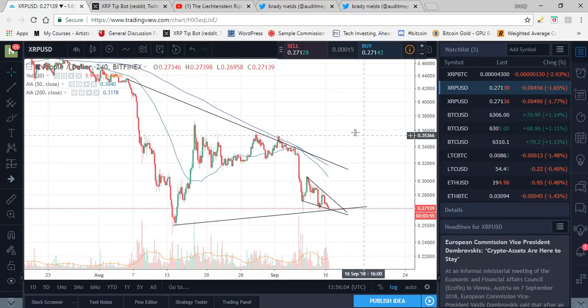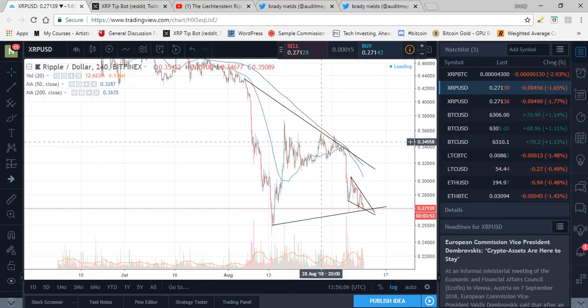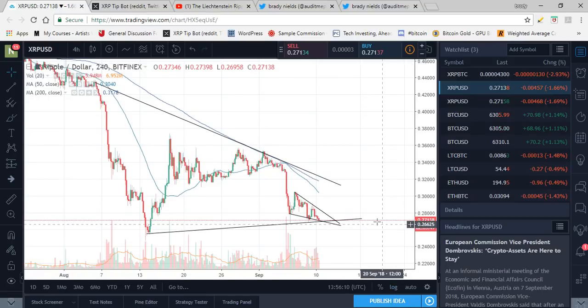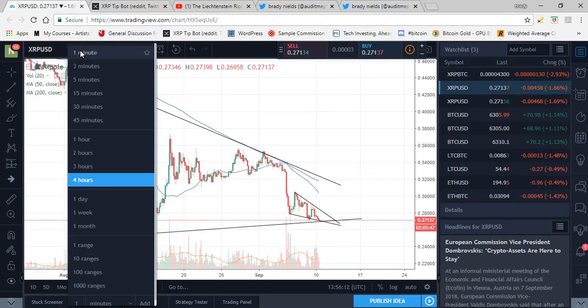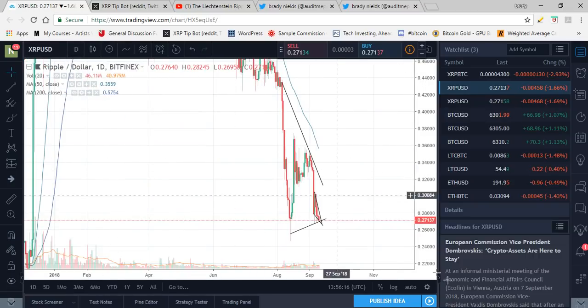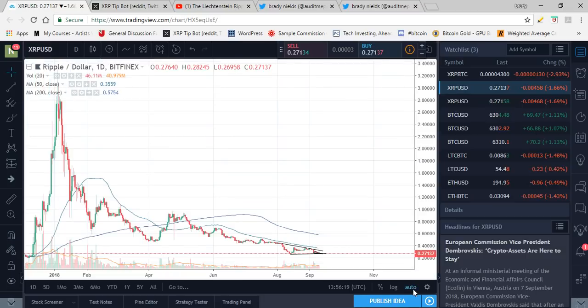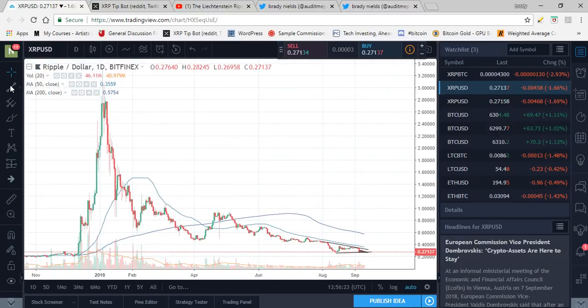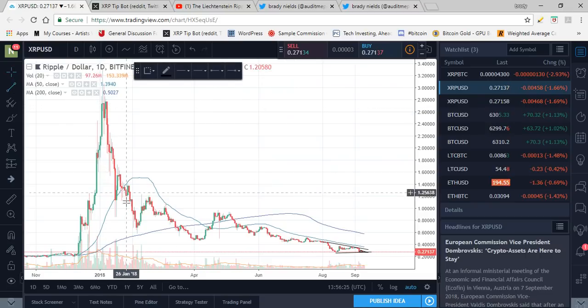When you're zoomed in this close on a chart, it doesn't have the effect, or it doesn't help you as much as if, and here's where it really helps. We'll do the auto. So if you wanted to draw a trend line here, let's do what gets hit the most.